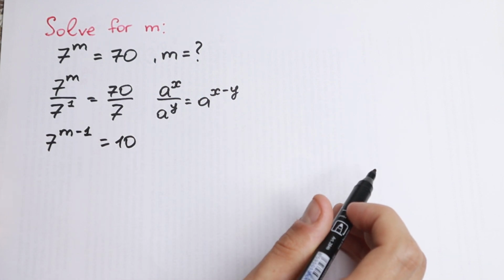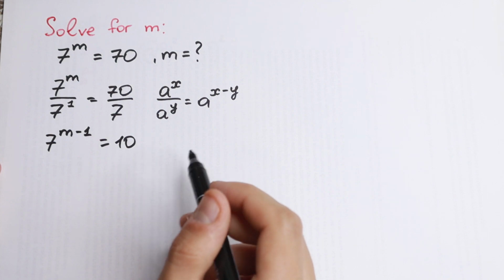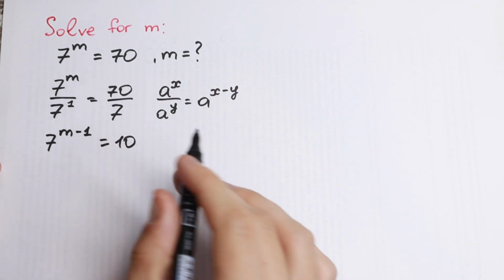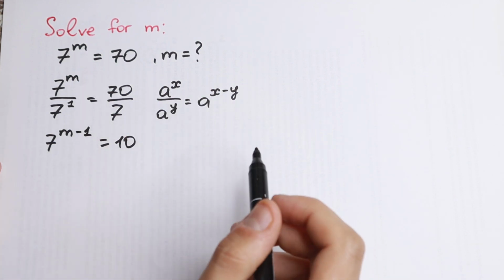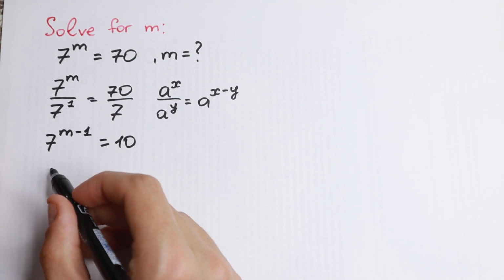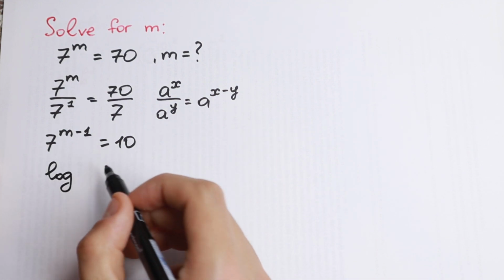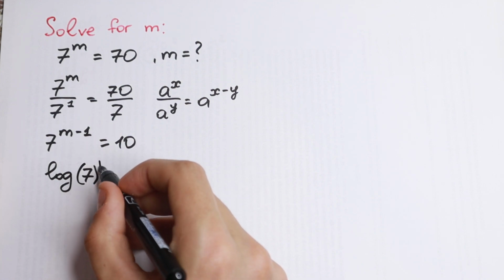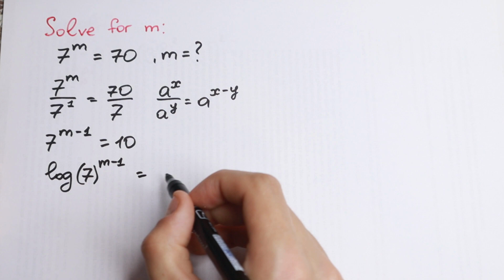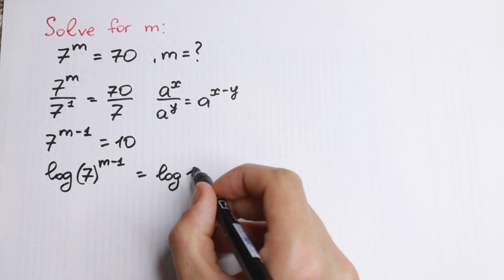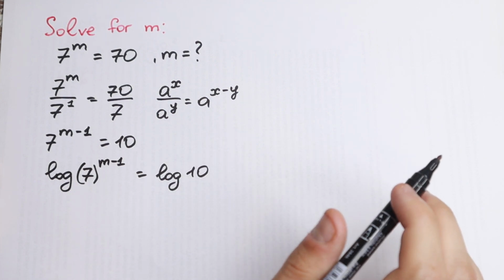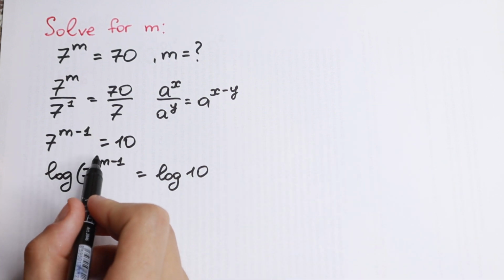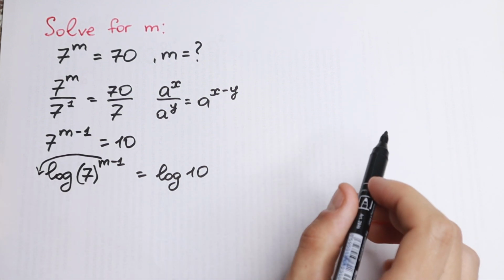What are we going to do next? Here we have a classic logarithm property, the main logarithm rule. If we take log of both sides, log of 7 to the power m minus 1, and on the right hand side log 10, we'll have a really interesting moment, because this power goes in front of the logarithm.